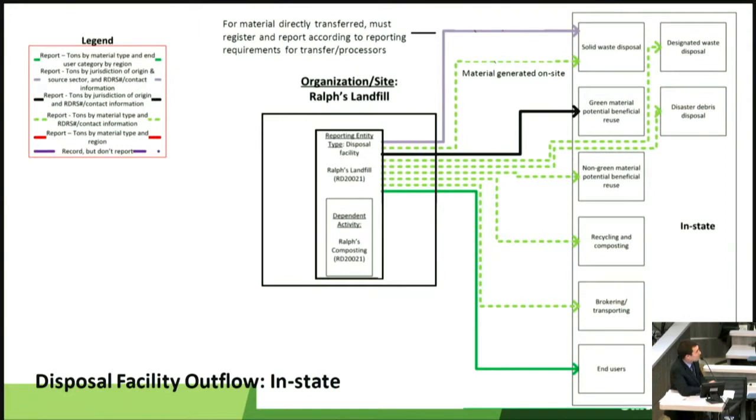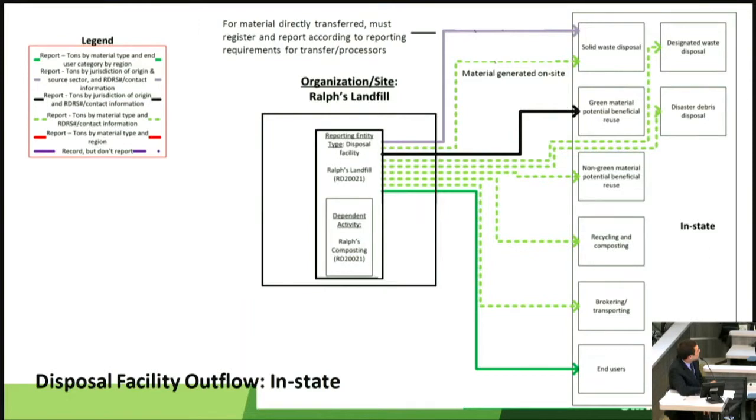It's acting more like a transfer processing facility or operation. Because that's the case, the regulations require that the disposal facility now report according to the requirements for transfer processors. So essentially, if you act like a transfer processor, you have to report like one if you're a disposal facility.